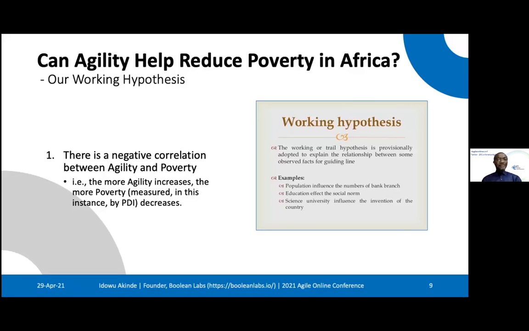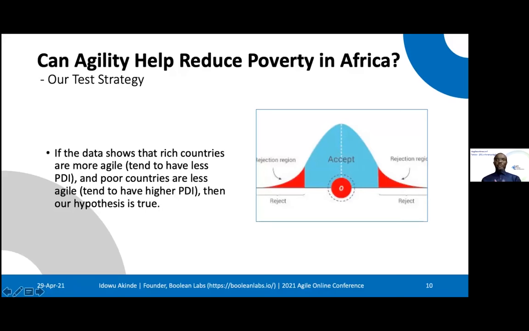In other words, I'm saying that the more agility increases in nations, starting first in organizations, the more agility, as we've measured it by power distance index, increases, then the more poverty decreases, right? In nations. So that's the hypothesis. How will we test it? We will use some data sets that are available online to analyze the information.